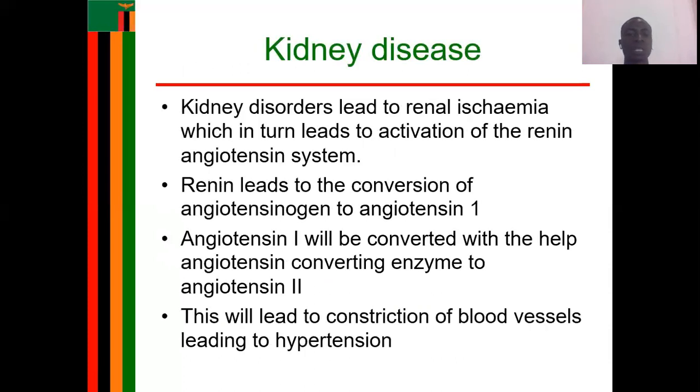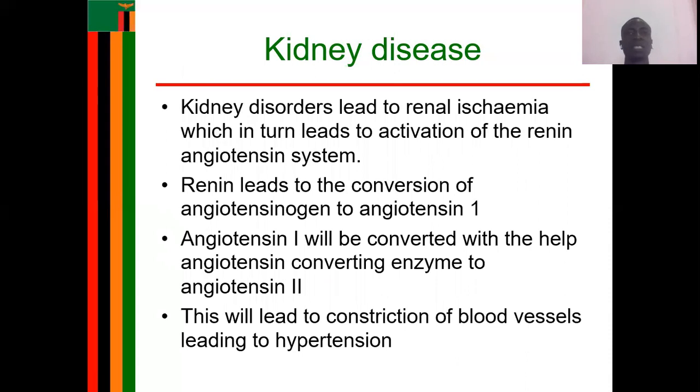So what usually happens when somebody has hypertension? Kidney disorders can lead to renal ischemia.